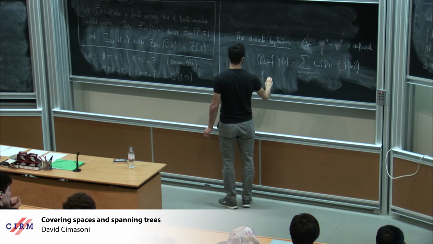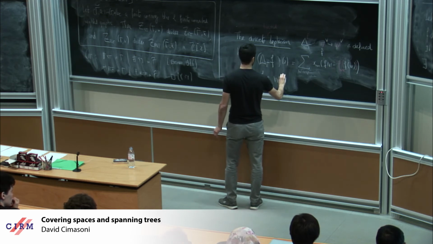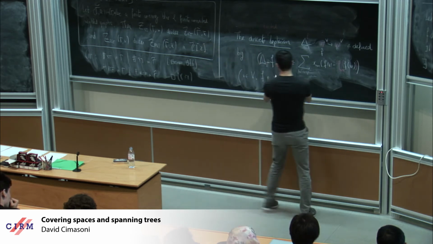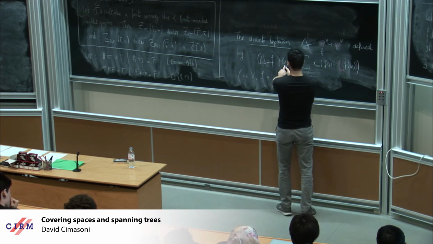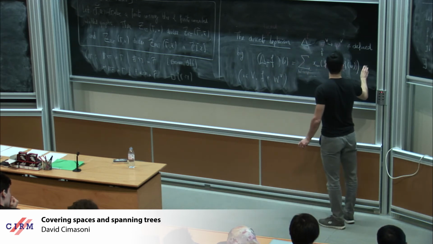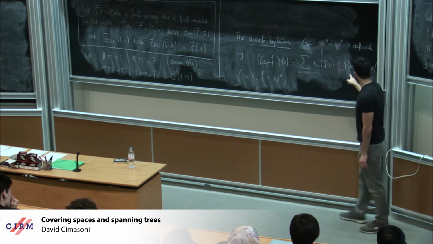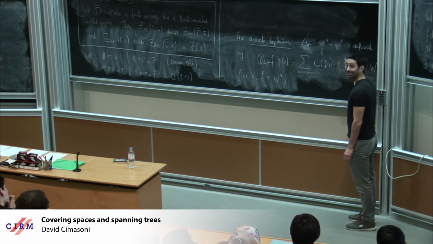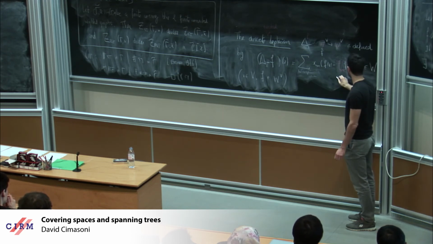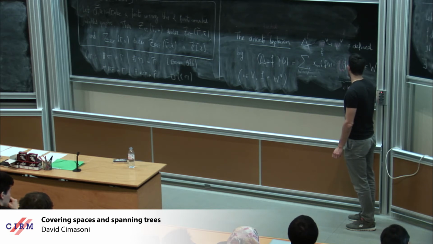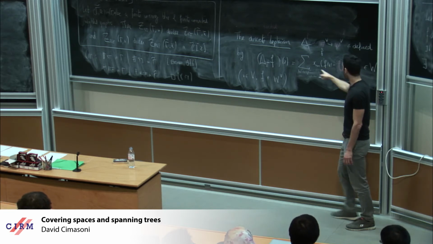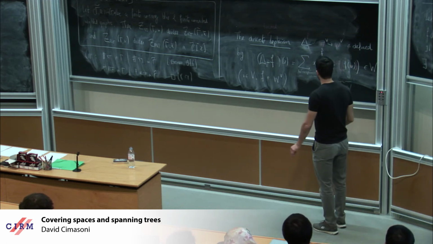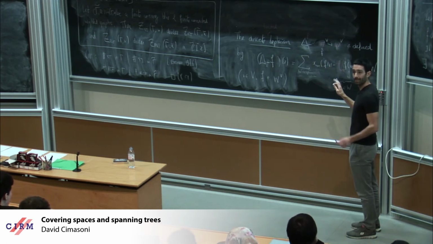We have f, which is an element in here. So I feed it this vertex. I want to get an element that should be in w. Let's see. This thing here lives in w. I act with this automorphism, so I am still in w. Then I just make this difference in w, and then I multiply by this scalar, so that's fine. I get an element and I sum. Okay, so this thing makes sense.